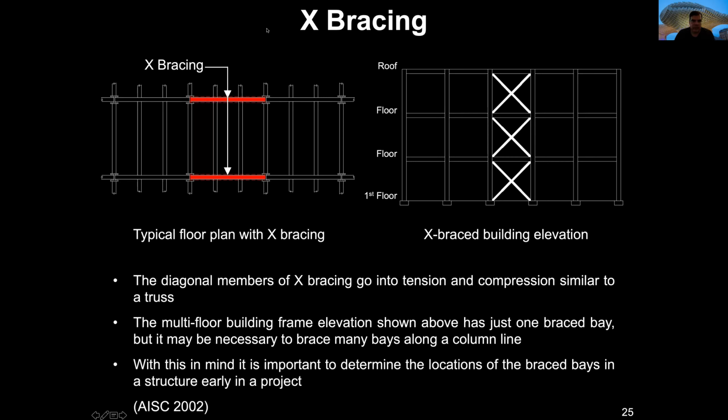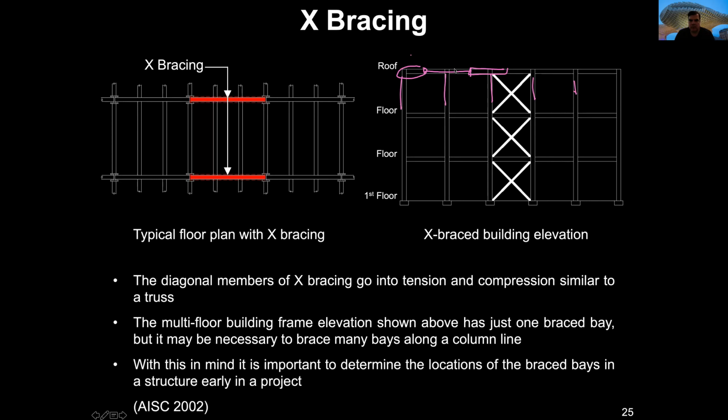Something that we already studied. Like this column is supporting this half and half of this beam. And the same happens with these three columns and these three beams. But this side only supports half.